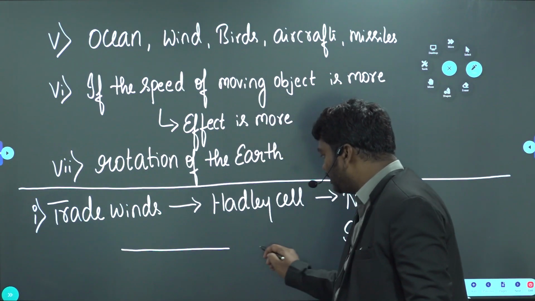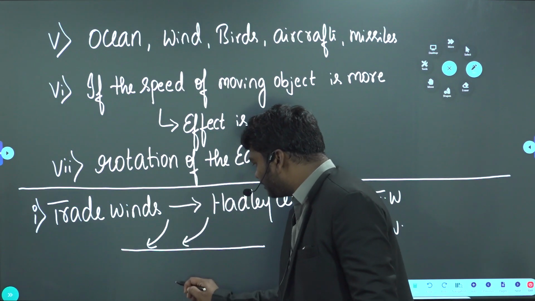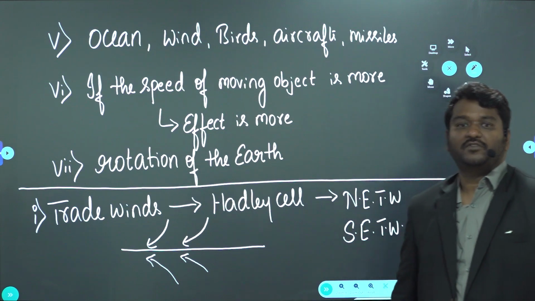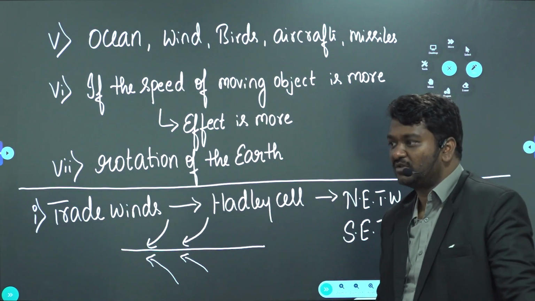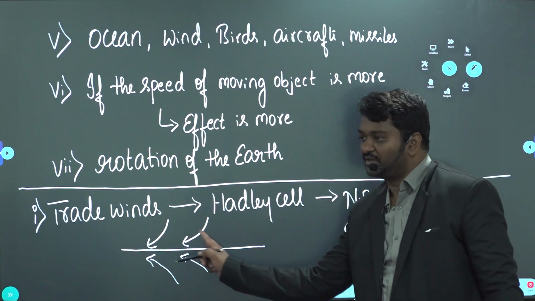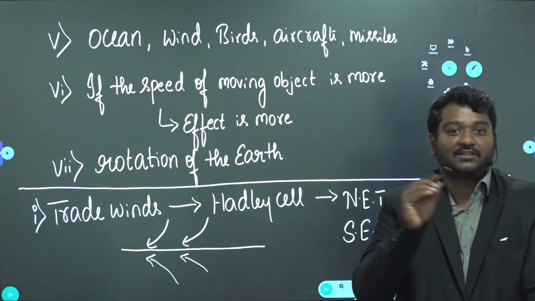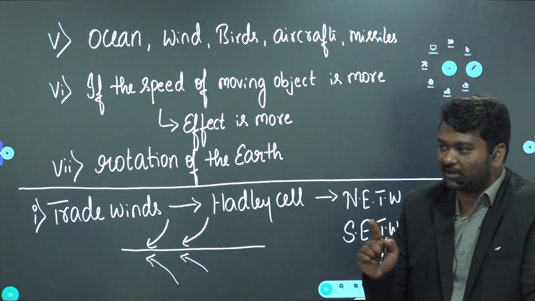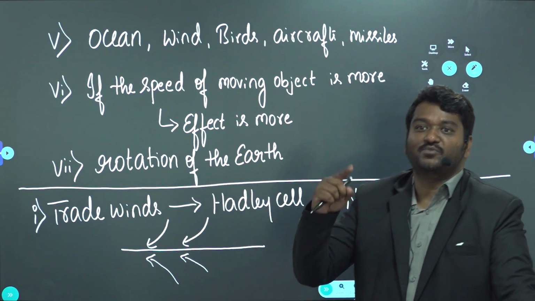Looking at this, northeast, southeast. Do trade winds always blow from east to west? Whether it is north or south, does it move from east to west? No, because southwest trade winds are also there. Monsoons, what are they called? Southwest monsoons.